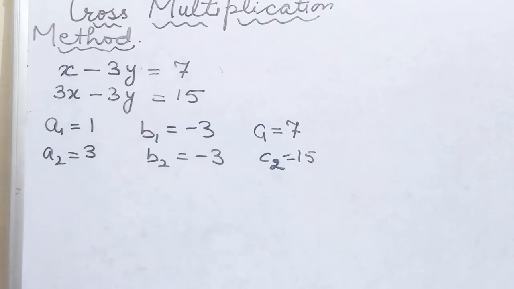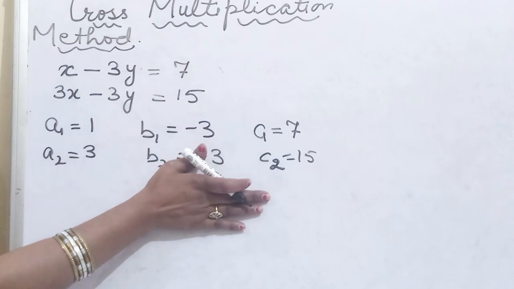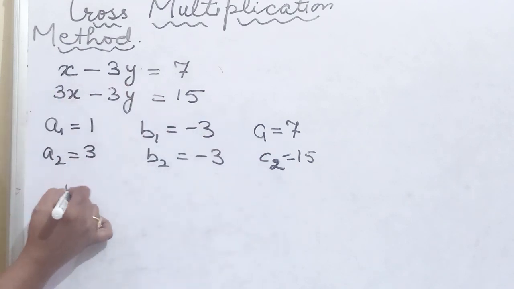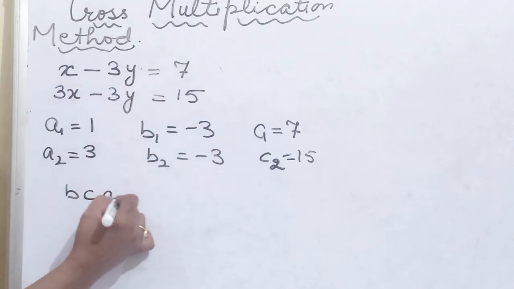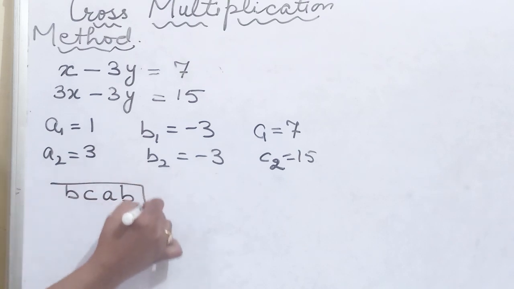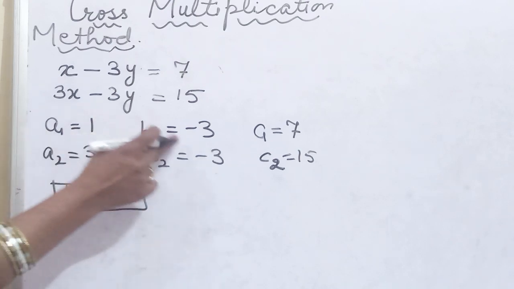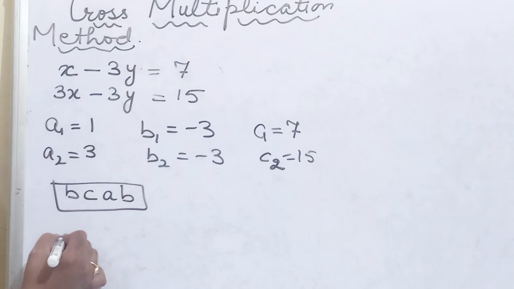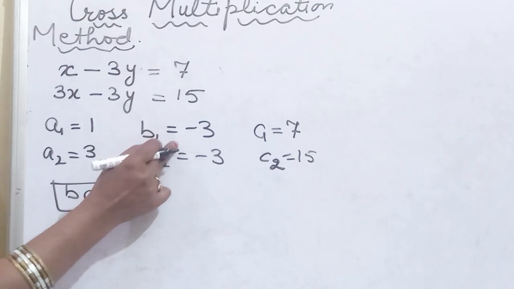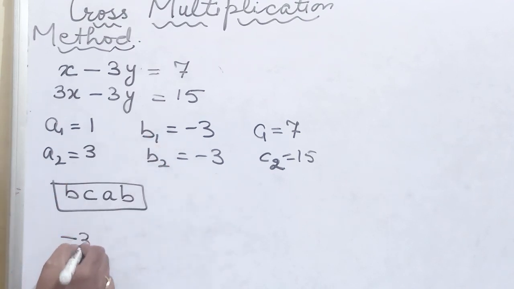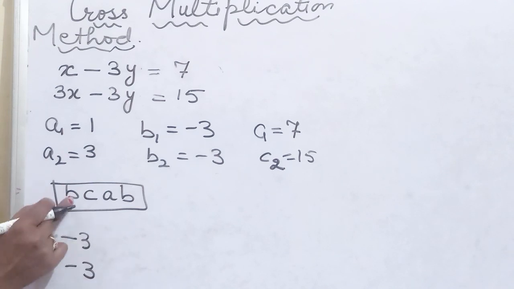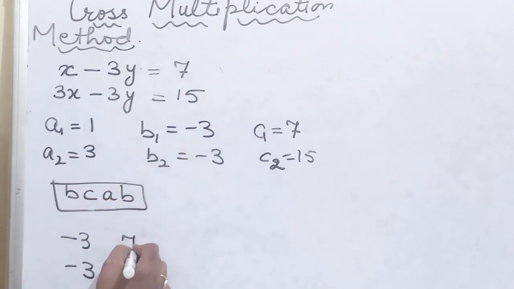After getting the values of A1, B1, C1, A2, B2, C2, what do I have to do? I write these numbers in the sequence B, C, A, B. First I write B1, B2, that is minus 3, minus 3. Then C: 7, 15.